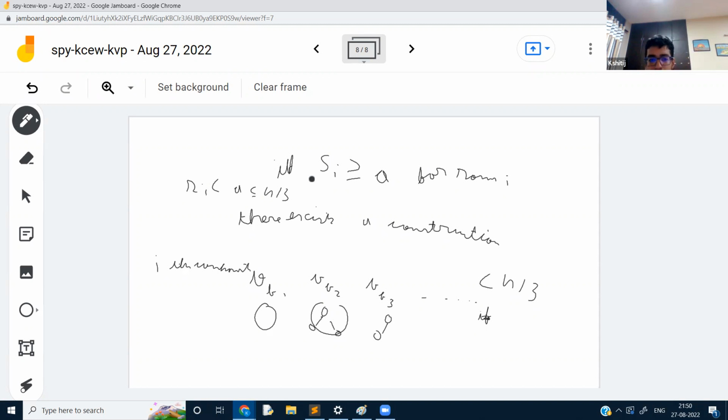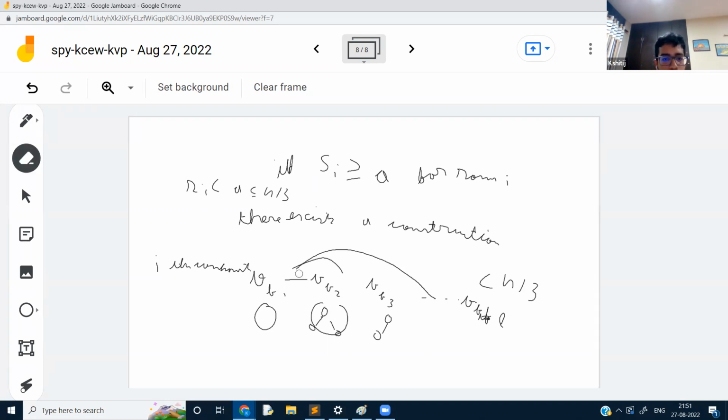And so now we run a depth first search on this graph of Vi. And as soon as we reach a location where the total number of nodes is at least A, we exit. I will show. We don't take all of these. We take only some.